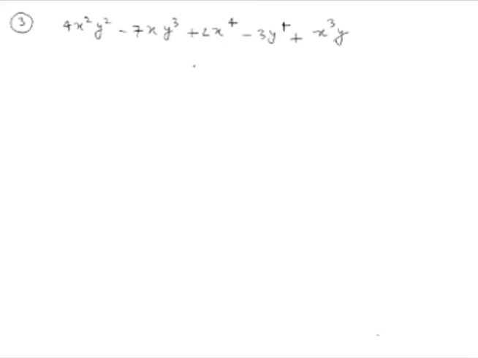Descending degree in x. So the highest power of x is 4. This term will come first, 2x to the power 4.